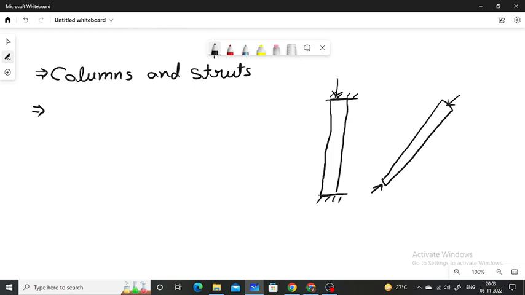The difference between strut and column is that a strut may have one or both ends fixed rigidly, hinged or pin jointed, but the columns will have both the ends fixed rigidly. Okay, this is the difference between the column and the struts.